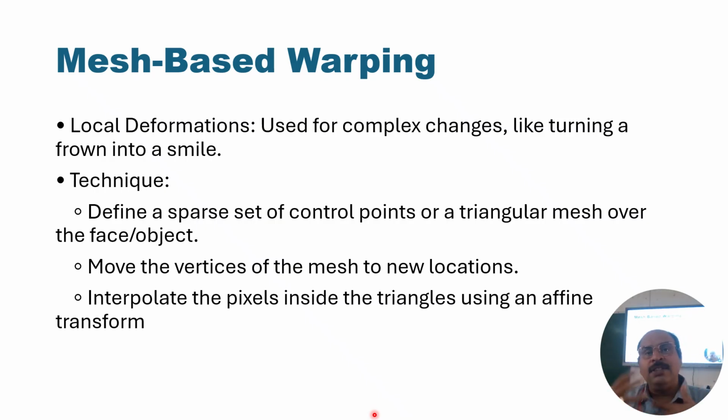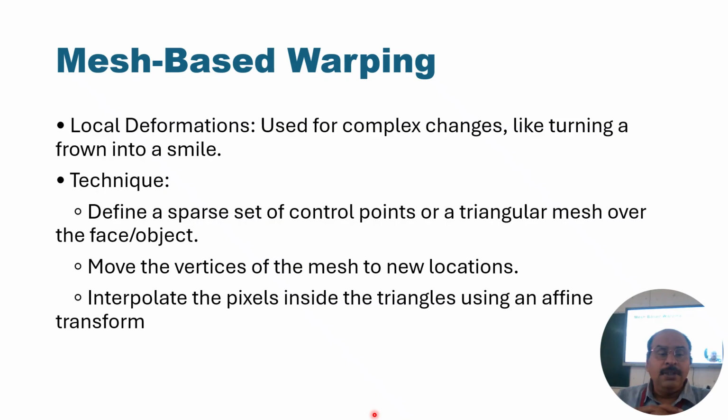You have to learn how this matrix works at different angles. This kind of warping means you will be changing the position of every pixel in such a way that there is a change in the overall outlook of the image. That is called mesh based warping.